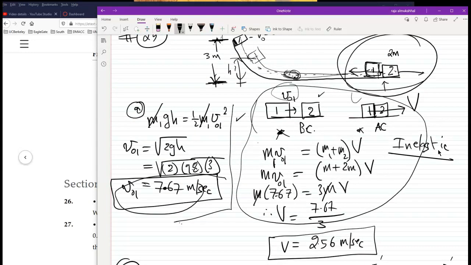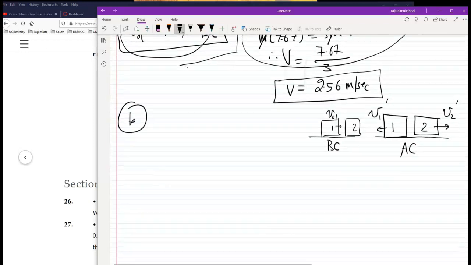What's going on right here? Okay? So you got V1 prime and V2 prime. Now, I don't care for V2 prime. I really care about V1 prime. This is what I want. Because if I know it, I can use conservation of energy in reverse, kinetic equals potential, and then I can solve for the new height. And that'll be easy. Okay? That's the plan.